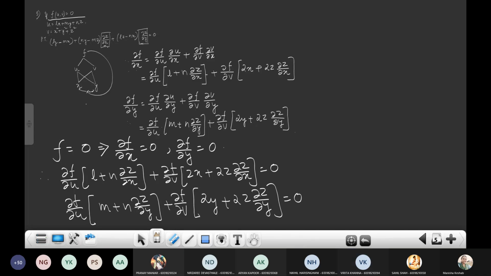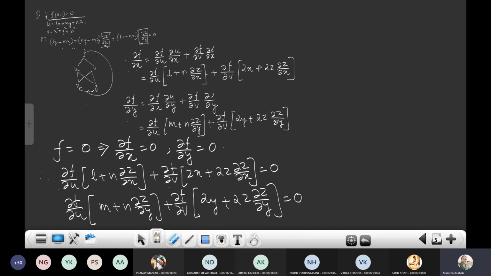Yes, ma'am. Now we will see what we want. So what we don't want from this is del f del u and del f del v. क्योंकि क्वेश्चन में कहीं पे भी del f del u नहीं है. So that means we don't want del f del u and del f del v. If we don't want them, that means we need to eliminate them.